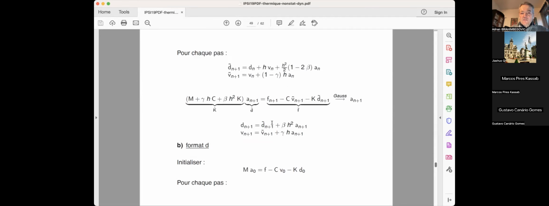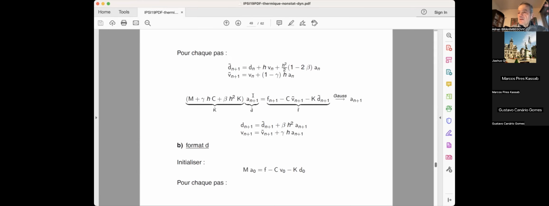So in format A, you first do a predictor by using the known values. That means you have dn plus 1 tilde as dn plus h vn plus h squared over 2 times (1 minus 2 beta) an, and you have vn plus 1 tilde equal to vn plus (1 minus gamma) h an. Then you plug these known values into the right-hand side, and that becomes your effective load vector, influenced by the damping times vn plus 1 tilde, and stiffness times dn plus 1 tilde.